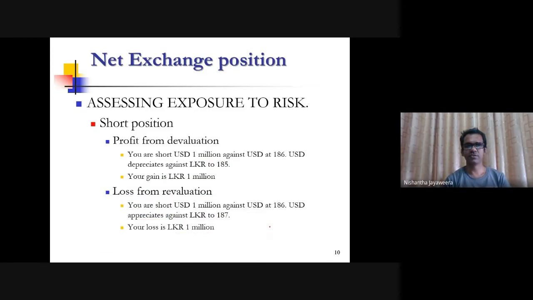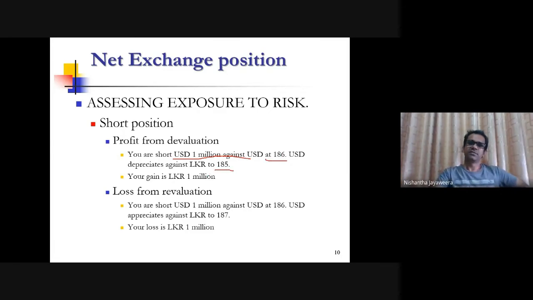Then whenever you have a short position, say a short position in dollars, 1 million, and the exchange rate is 186, but the rupee appreciates, or the dollar, the foreign currency, depreciates. There you have the short position. What would happen? You make a profit.